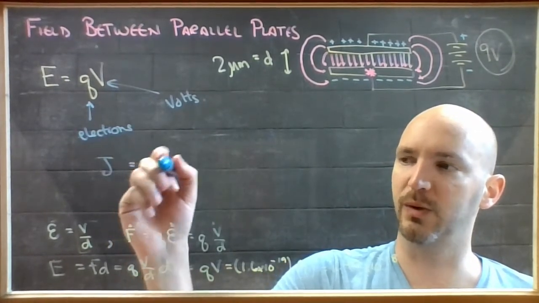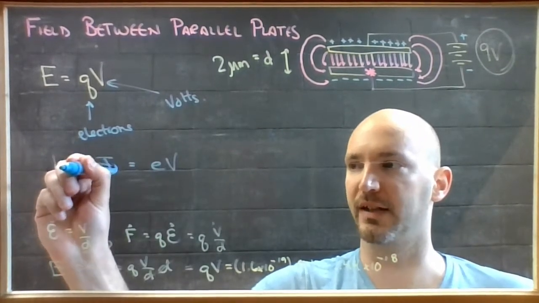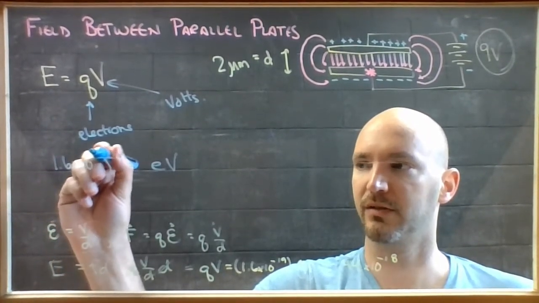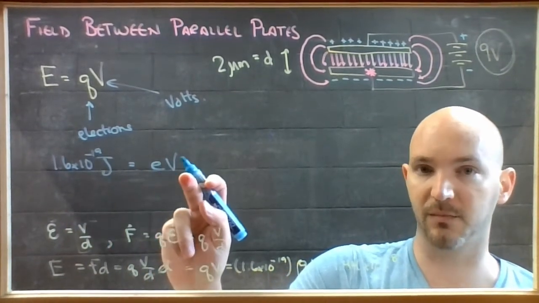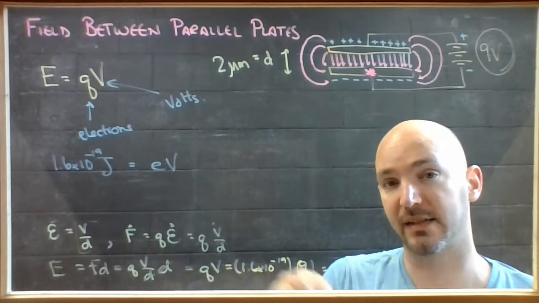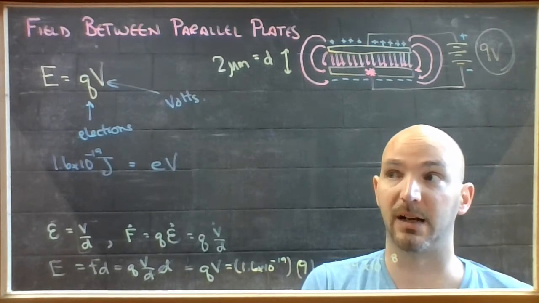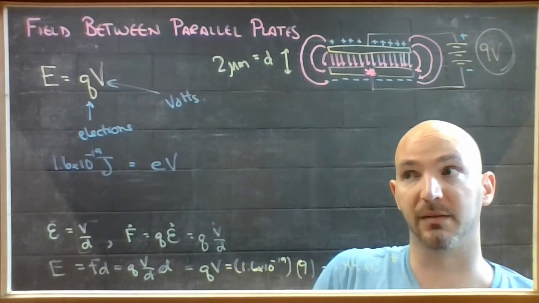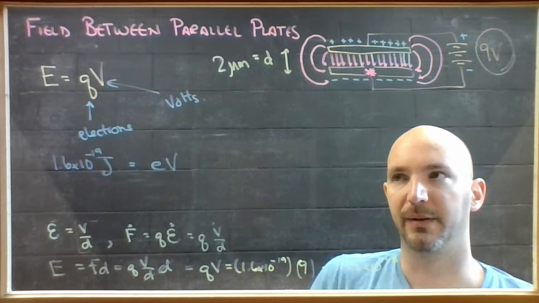A joule is equivalent to electron volts, and the conversion factor is the charge. That many joules is 1 electron multiplied by the voltage that you're exposed to. So if you see electron volts, that's an energy for a particle experiencing a static electric field, or parallel electric field, sorry.